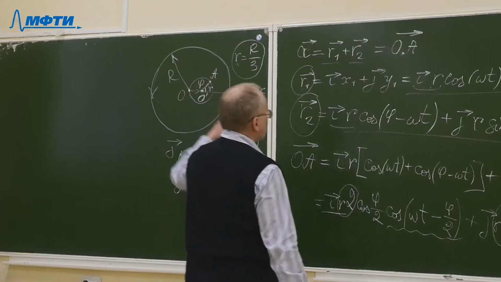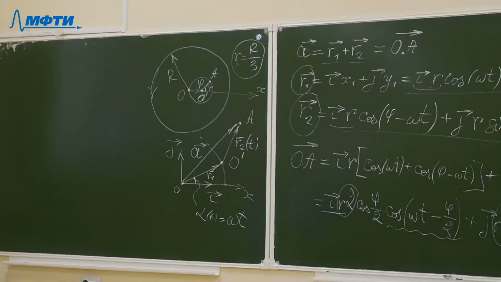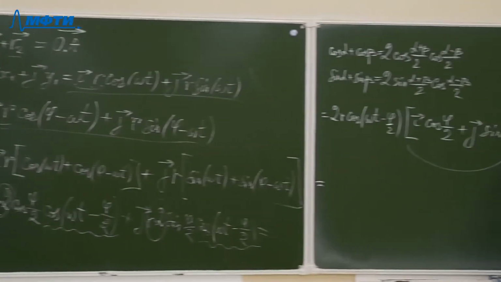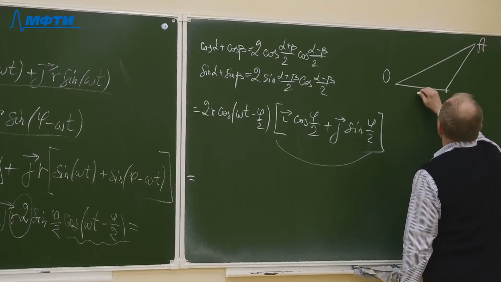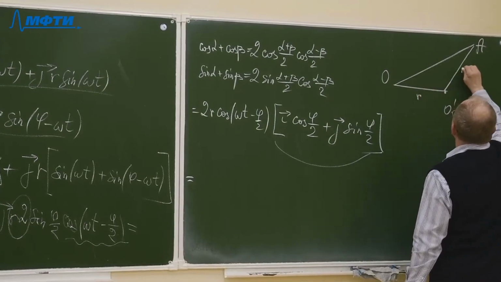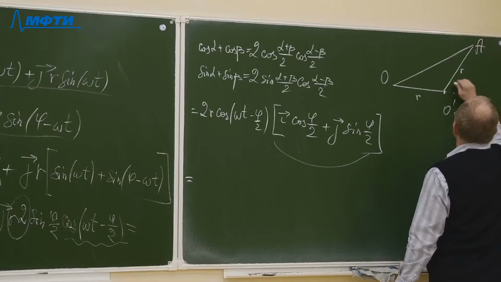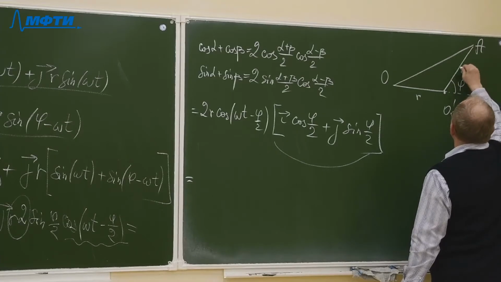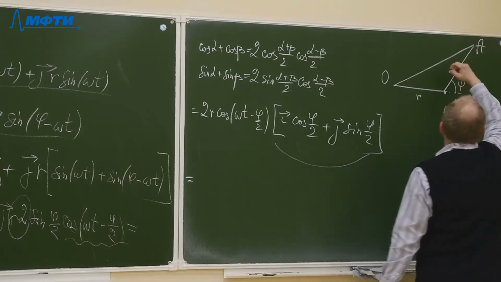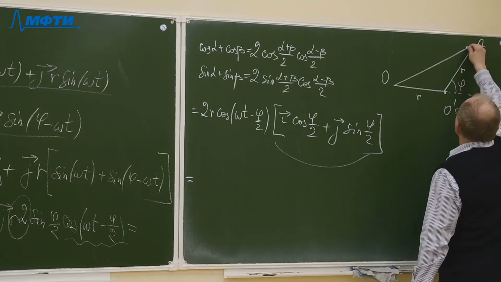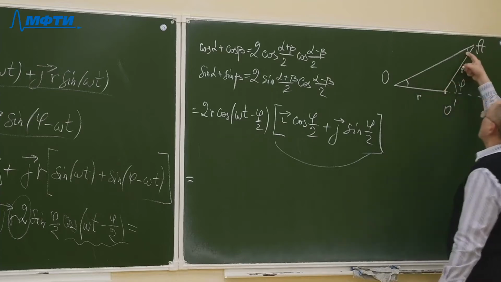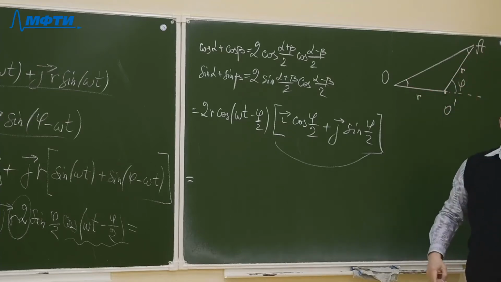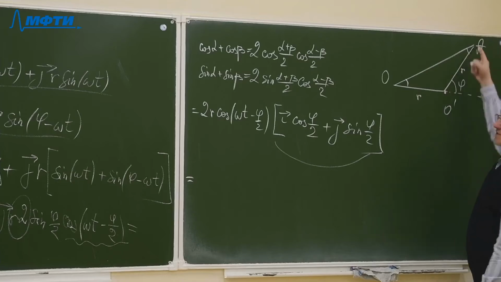I will draw this picture again on a larger scale so that we have a triangle OAO', and this is R, and this is R, and this is angle phi. So in any triangle, this angle equals the sum of these two angles. And here, these two angles are equal because the triangle is isosceles, because this side equals this side.